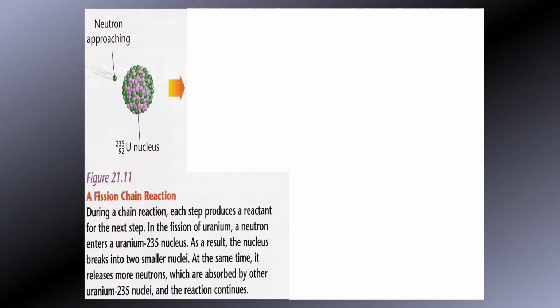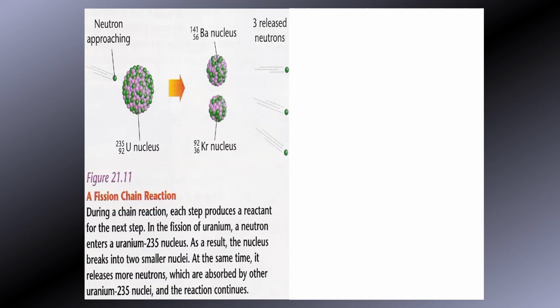Okay, so nuclear fission can also start a chain reaction. And here's what that means. Let's say we start with an isotope of uranium-235, which absorbs a neutron, and then it splits into barium-141 and krypton-92. And in that process, it releases some energy and it also releases three neutrons.